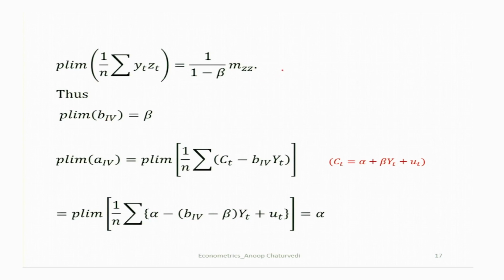Remember, B_IV is equal to summation small c_t z_t divided by summation y_t z_t. Then we divide both numerator and denominator by n, and then we take the probability limit of B_IV.